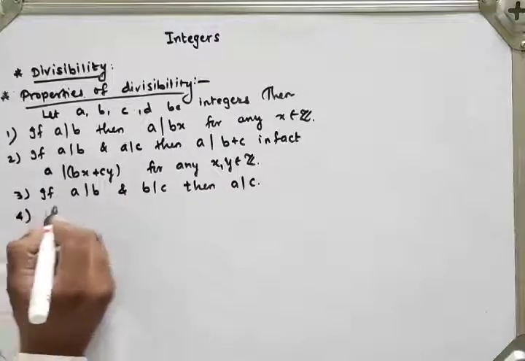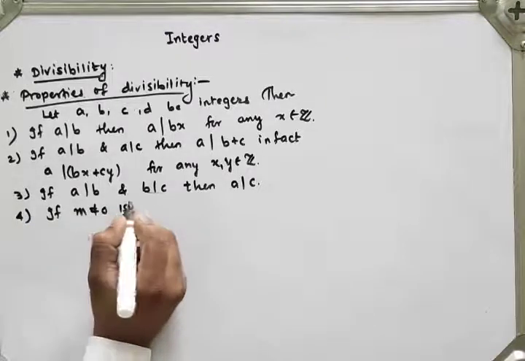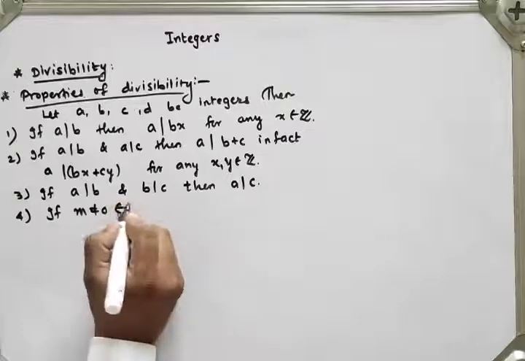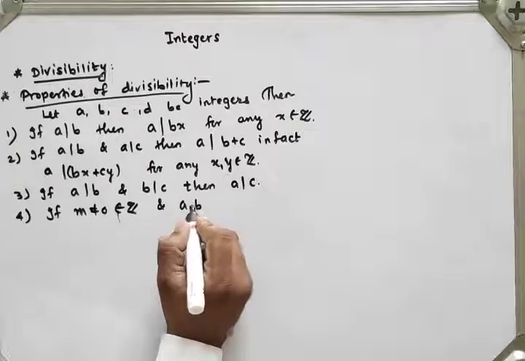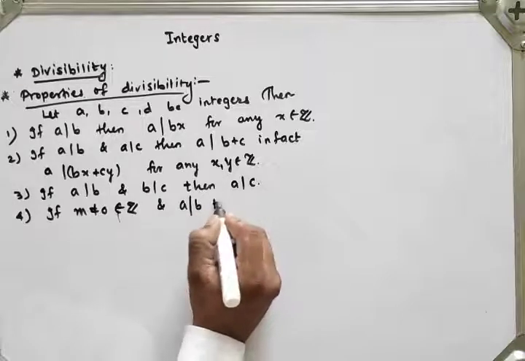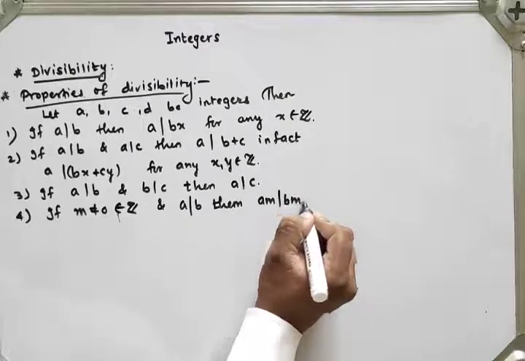Fourth property is, if m is any non-zero number belonging to the set of integers and a divides b, then am should divide bm.